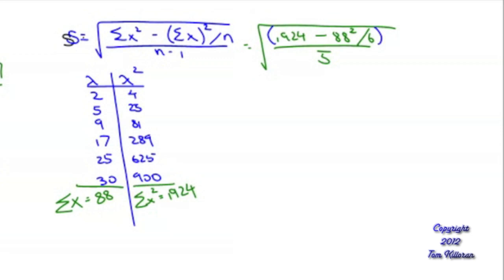Why? Because that's the number that we got over here. I mean, if this formula is going to work, we better get some similar numbers. So this becomes the square root of 633.34 divided by 5. And we already know that answer.